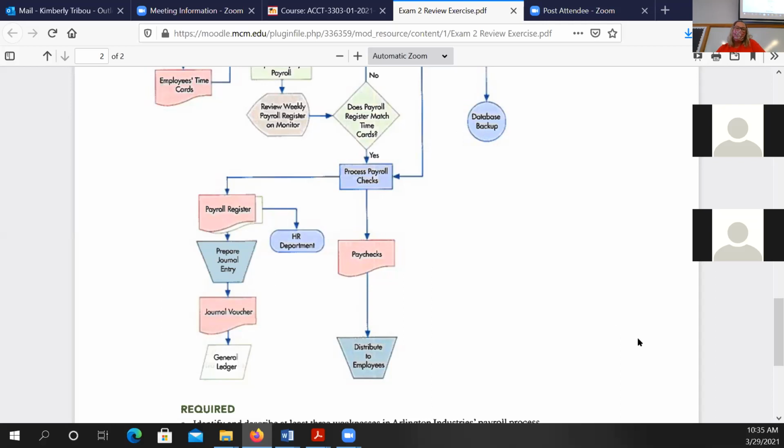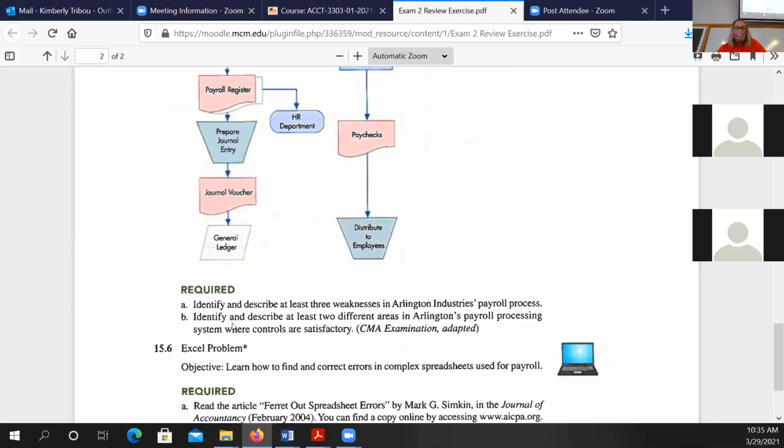What's another output from this process? Exactly. And one of the items under the prompt is identify and describe at least 3 weaknesses in their process. What's wrong with, I guess it's not wrong because it's showing the process here, but what should be below?